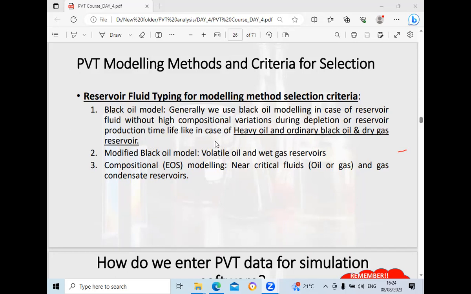So you don't have that huge variation. It may be slight. We are not saying that it will not change at all, but the variation may be very, very slight. Compositional modeling, we have near critical oil and gas condensates. All right.